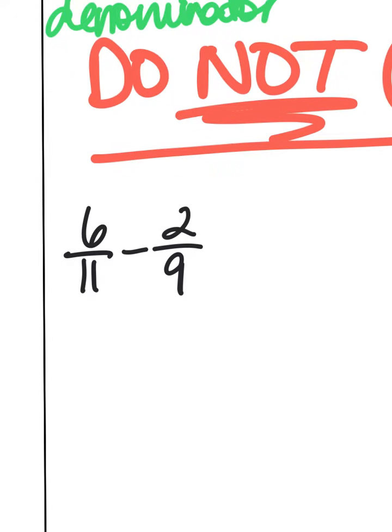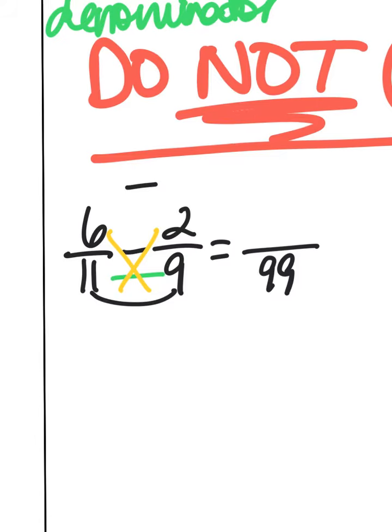Okay? So let's go ahead and make our marks so we know where we're going. We're multiplying across and then multiplying on the diagonals. So equals. 9 times 11 is 99. Doing subtraction, put your subtraction up there. It's 9 times 6 is 54. 11 times 2 is 22.